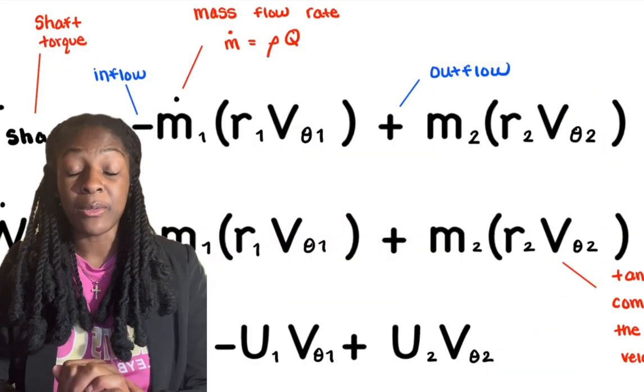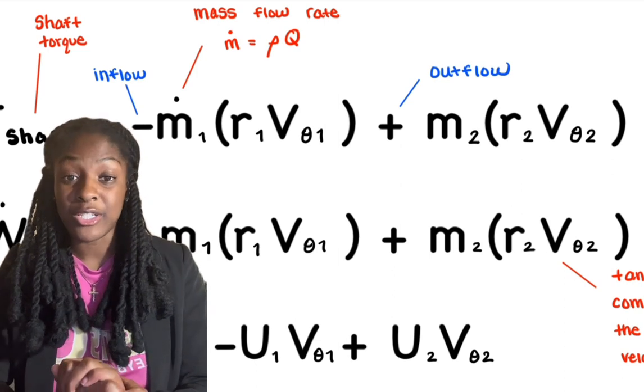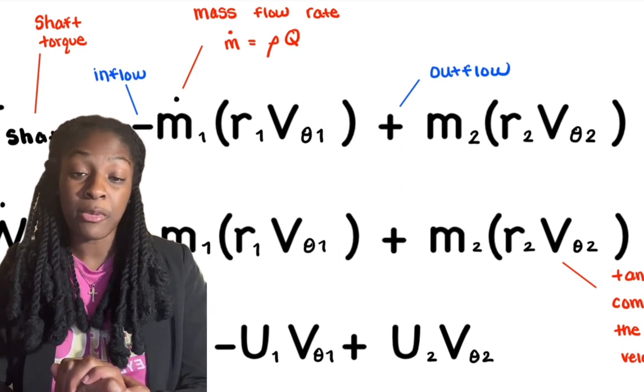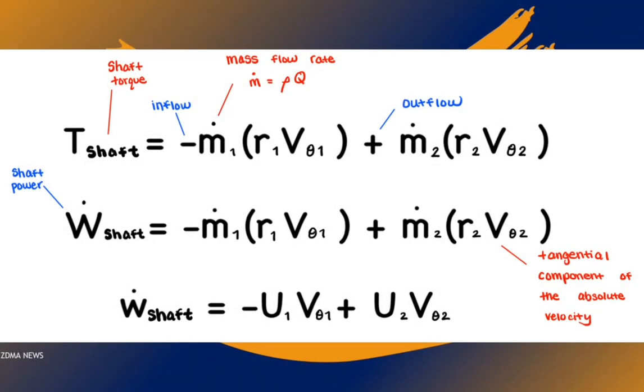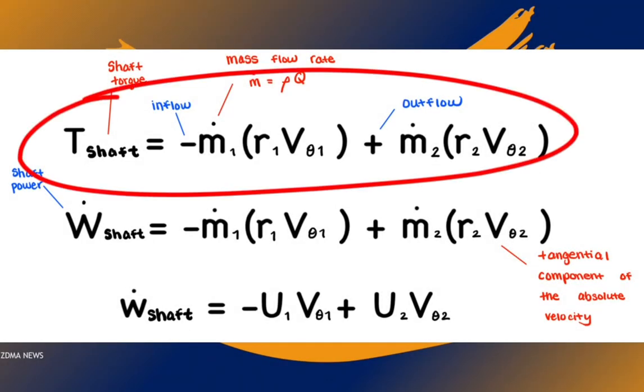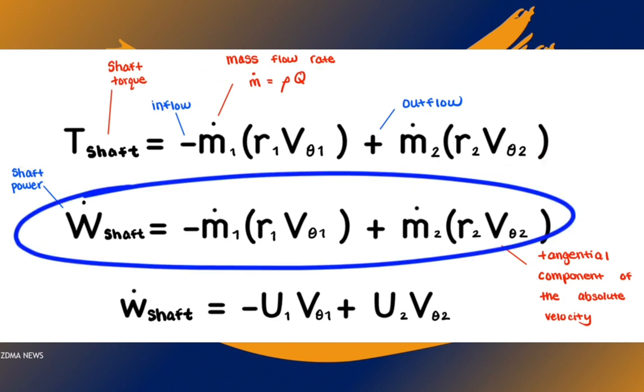The importance of these components comes into play with a set of equations under the name of the Euler turbomachine equation. Starting with equation 1, shaft work is directly proportional to the mass flow rate and depends on the tangential component of the absolute velocity.